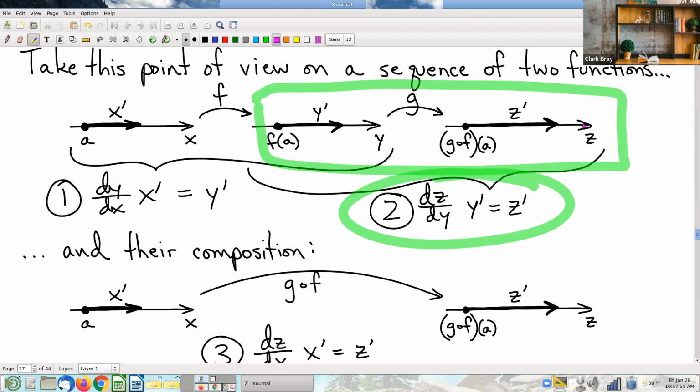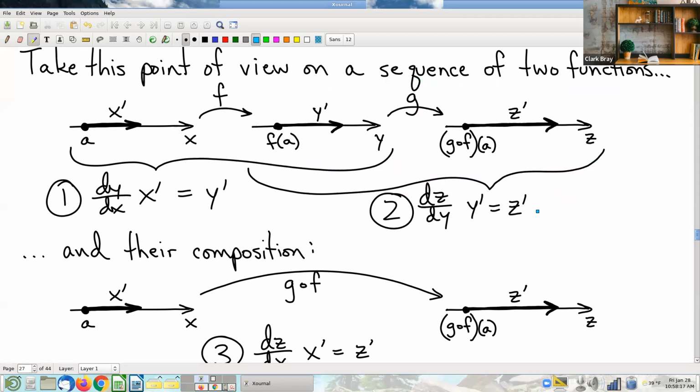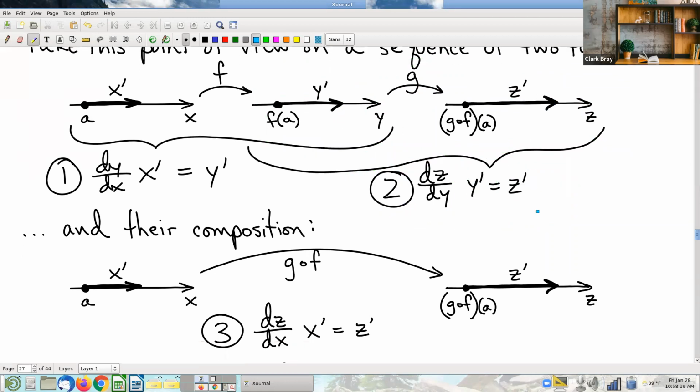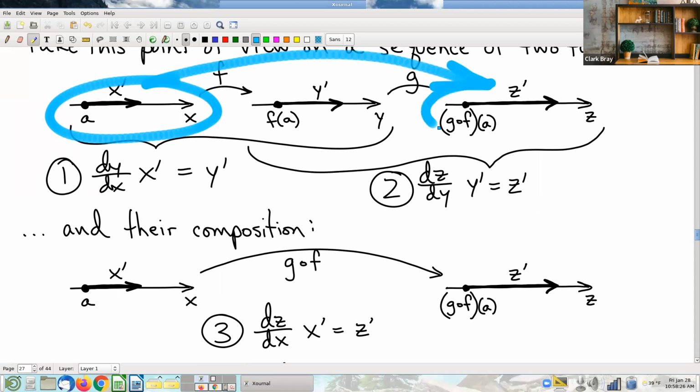So this derivative I would call dz dy, because that's what the variables are. And it relates, notice, input changes in y, output changes in z. So same thing that we did above, just different variables. And now let's look at that function.